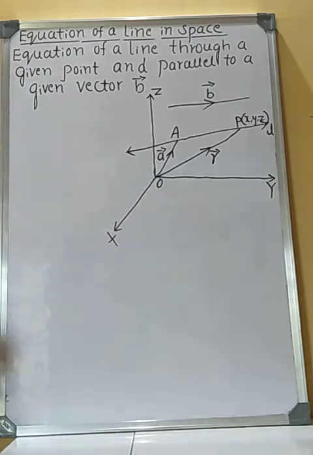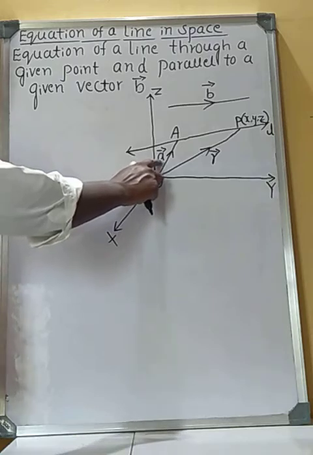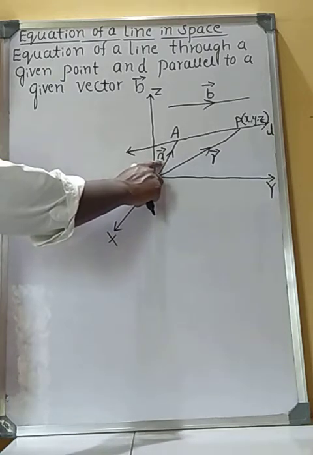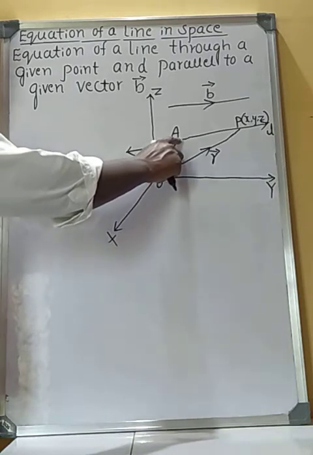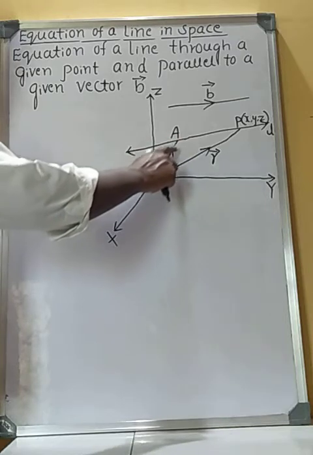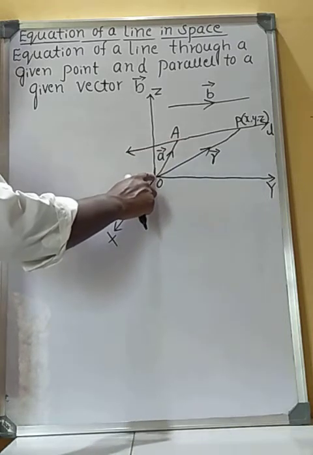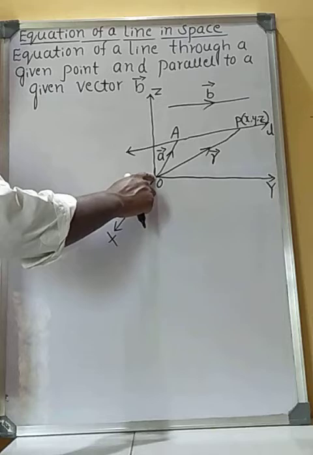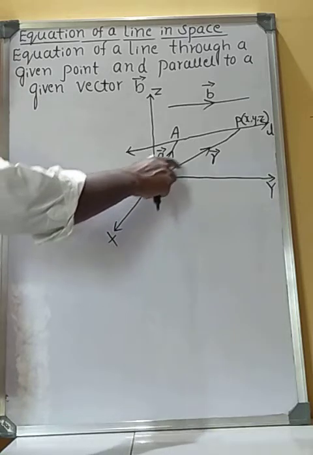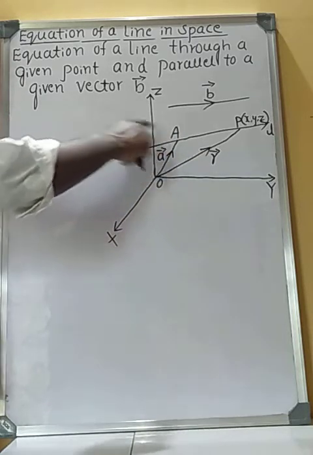Here in this coordinate system, let vector A be the position vector of the given point A with respect to the origin of a rectangular coordinate system.